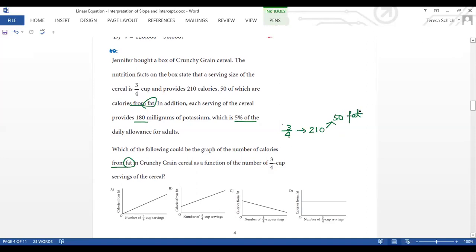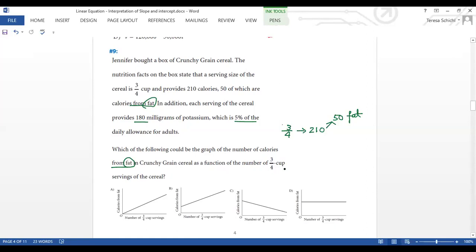So 50 calories are from the fat here. Now they want to see the number of calories from fat as a function of the number of 3/4 cup servings here. So what do you think here?